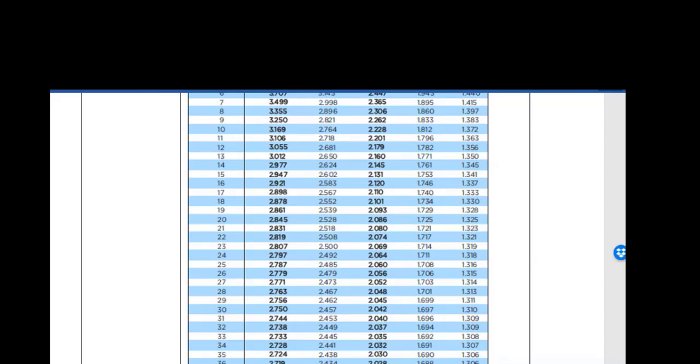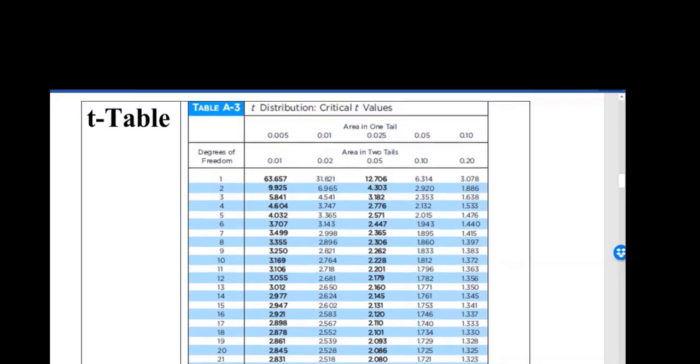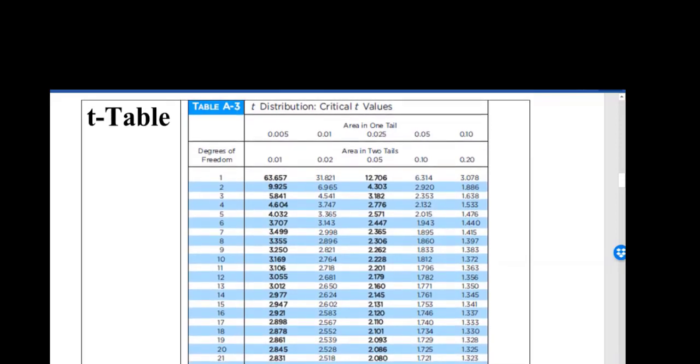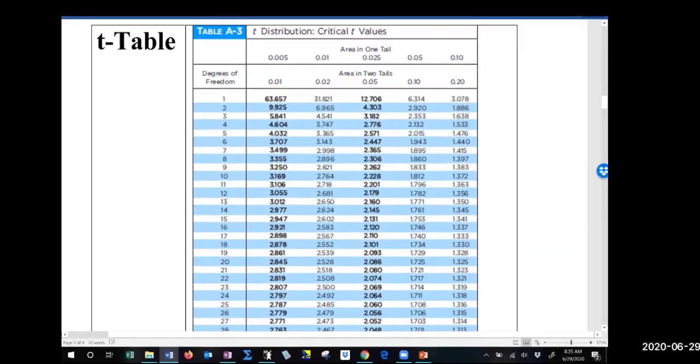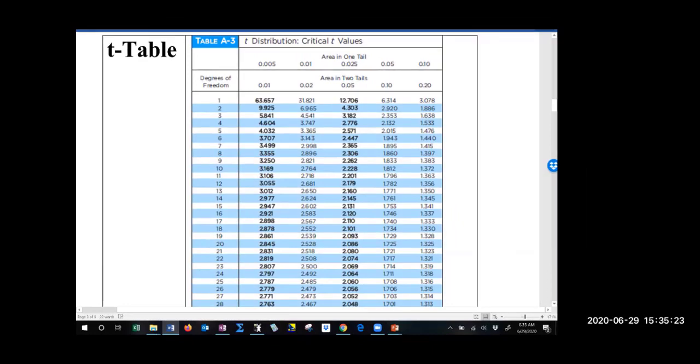And so just going back up there, just after the first column, the second, the third, the fourth. Look at the top of the fourth column. Area in one tail is 0.025 and in two tails is 0.05.